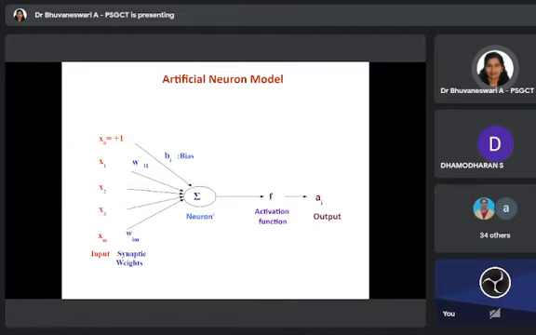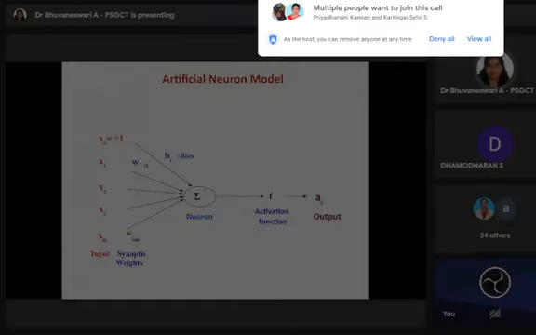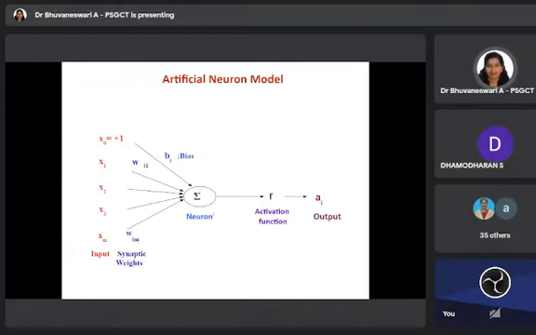There may be any number of inputs for a single neuron. However, whatever may be the inputs, it will generate only one output. That is the specific feature of neurons. Okay, so a neuron can have multiple inputs, and it generates only one output.